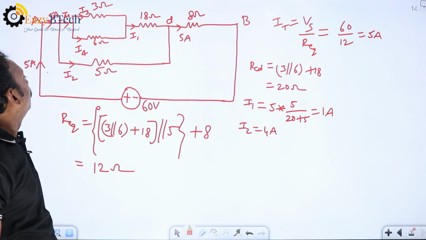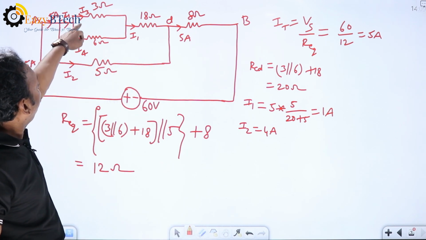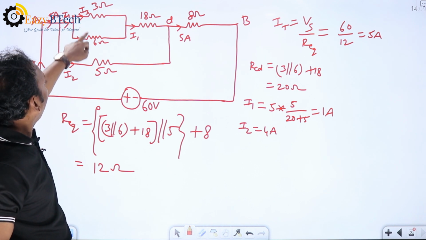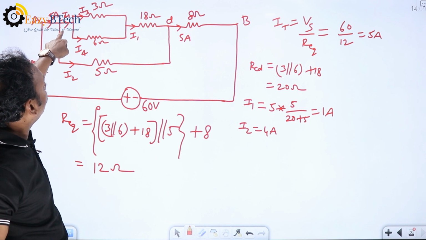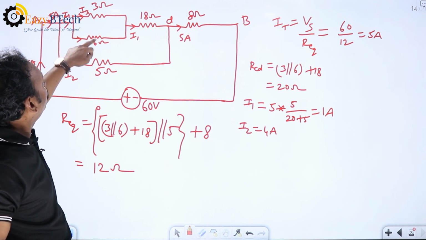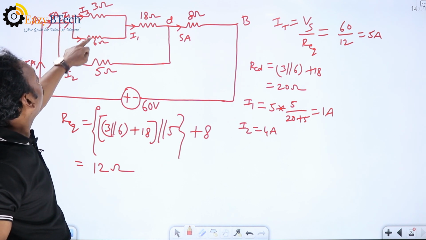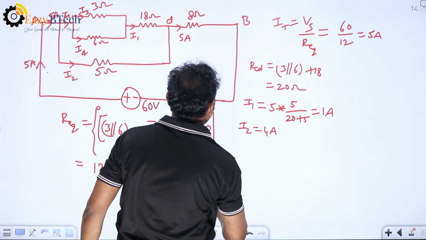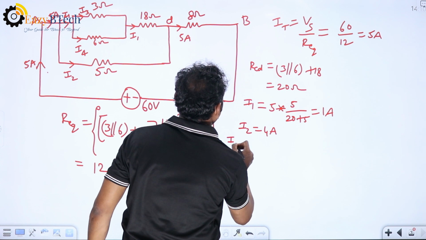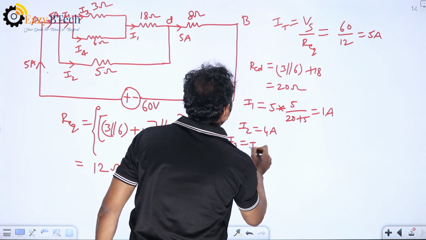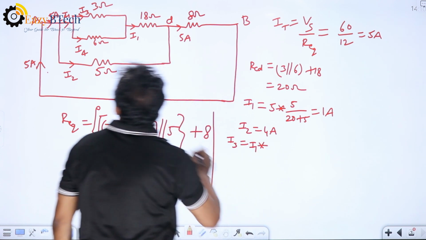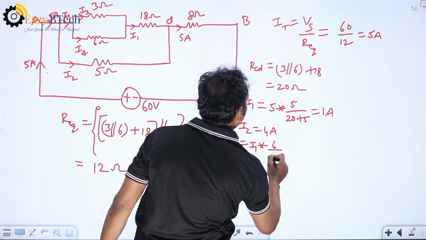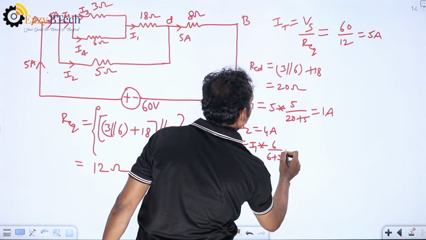Now how to find the I3 value and I4 value? Here I1 is the total current. For I3, the opposite is 6 ohm. For I4, the opposite is 3 ohms. I3 equal to total current, here I1, into opposite resistance 6 divided by 6 plus 3.